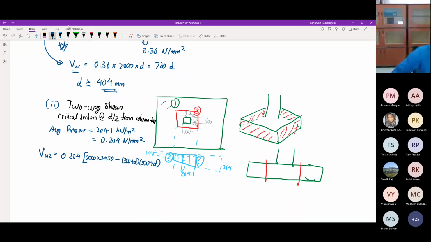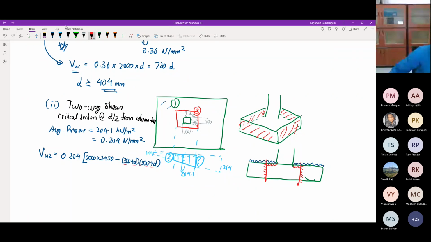So 0.204 times 2000 times 2450, that is the total shear force caused by this entire area. Then this minus 300 plus d times 500 plus d is the reverse direction force which is caused on this area. So you subtract both of them to get the actual shear force acting on this section.